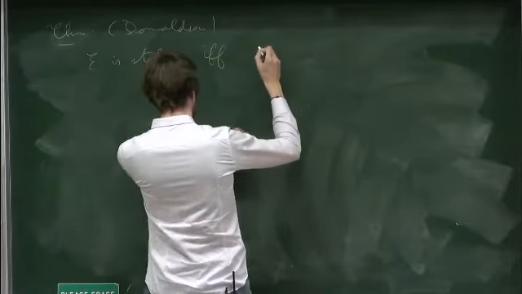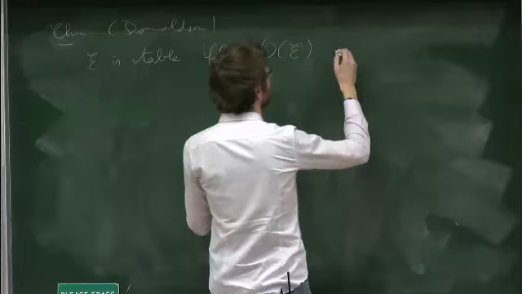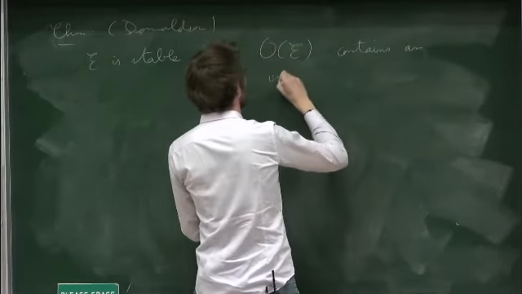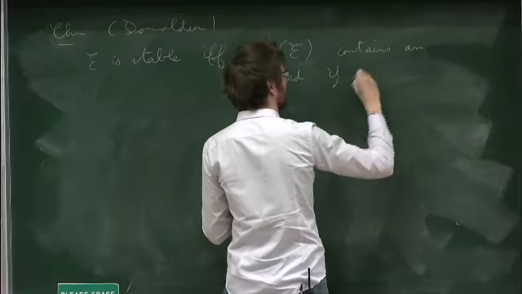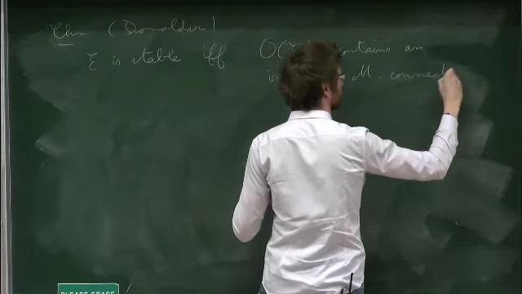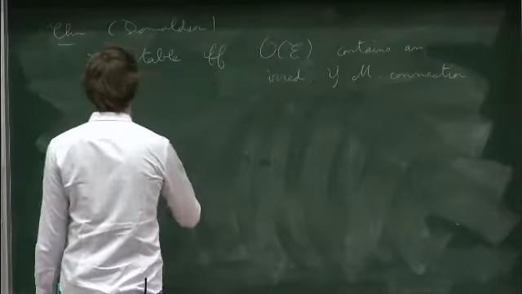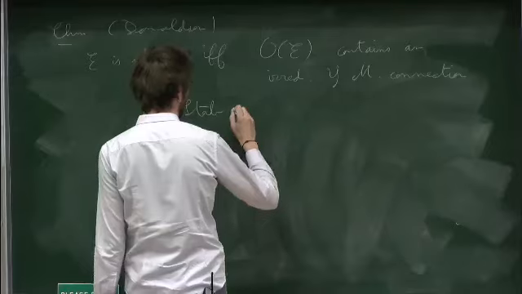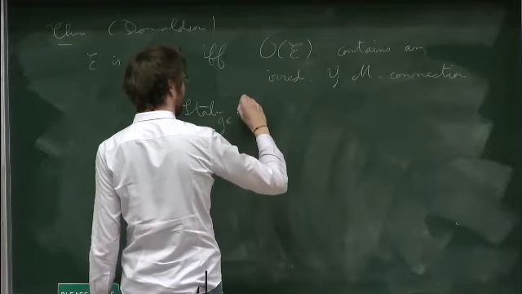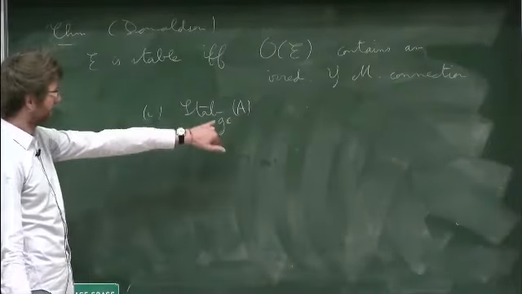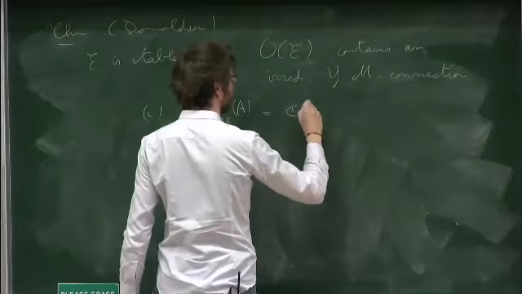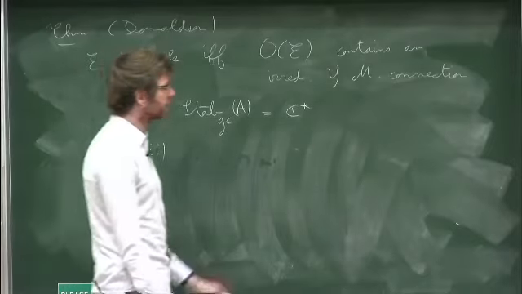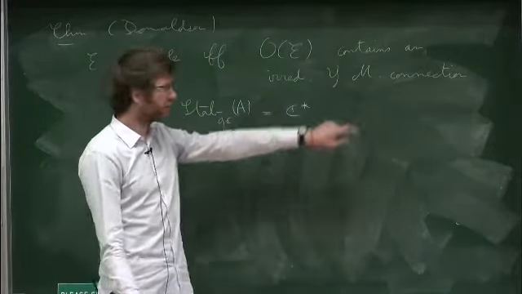So E is stable if and only if the corresponding orbit of unitary connections contains what is called an irreducible Yang-Mills connection. There are two conditions. First, irreducibility: it means that the stabilizer of the connection A inside the complex gauge group is as small as can be, namely C star.